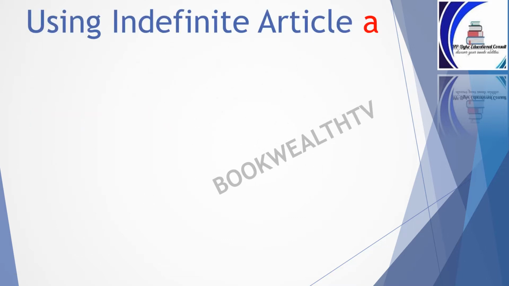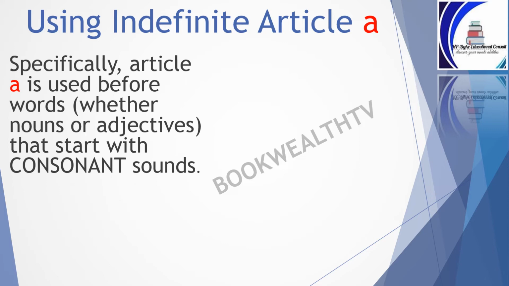On this slide, we have using indefinite article a. Specifically, article a is used before words, whether nouns or adjectives, that start with consonant sounds. Can you tell how many consonants there are in the English alphabet? 21 consonants.